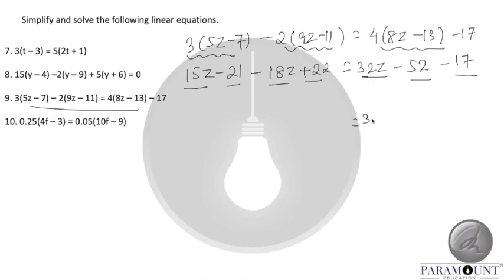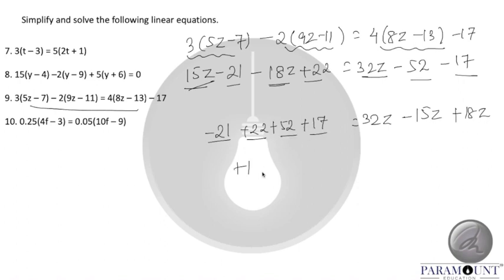So keeping 32z here itself and putting the 15z and minus 18z on the other side, that is minus 15z plus 18z, and the constants will come to this side, that is minus 21 plus 22 plus 52 plus 17. So this becomes plus 1, and this becomes 7 plus 2 is 9 and 5 plus 1 is 6.